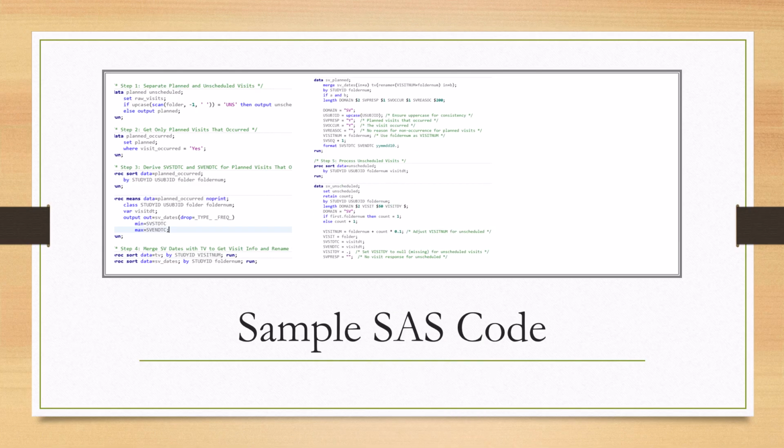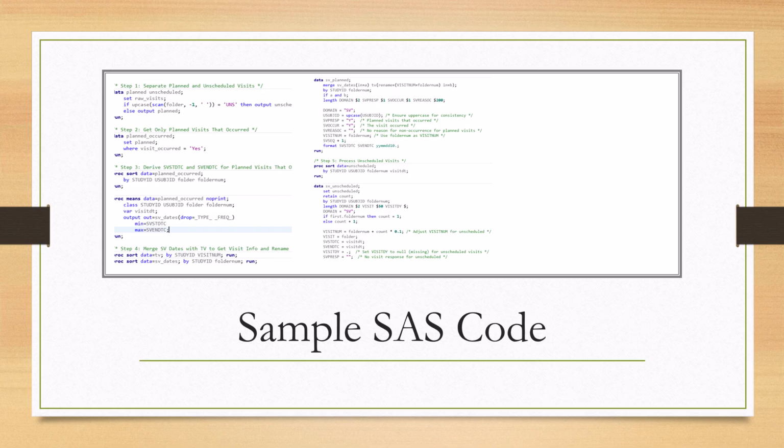The next step is to use the data set we have created from the planned occurred visits, where we calculated the start date and end date for the SV and generated the data set named SV dates.